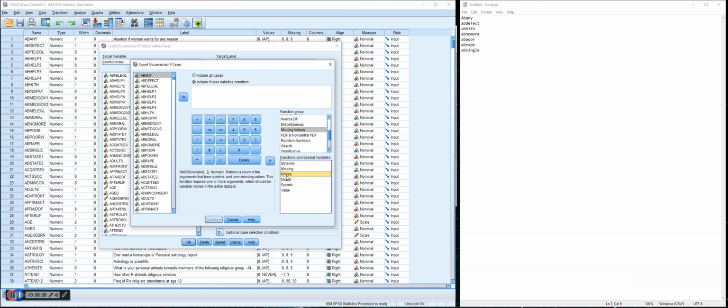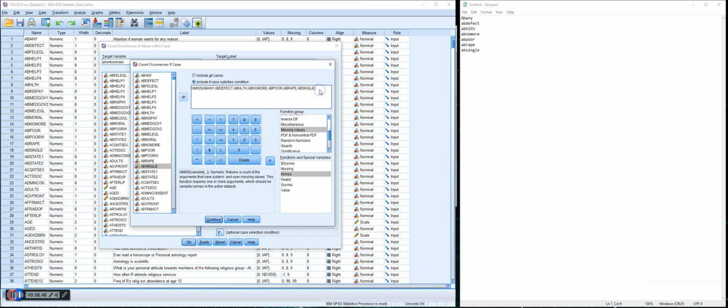So the n-miss function is the number of missing values in our variable. So a any, AB defect, so we are just finding the same variable. We need to differentiate them by comma: AB defect, AB health, comma, AB no more, comma, AB poor, comma, AB rape, comma, AB single.